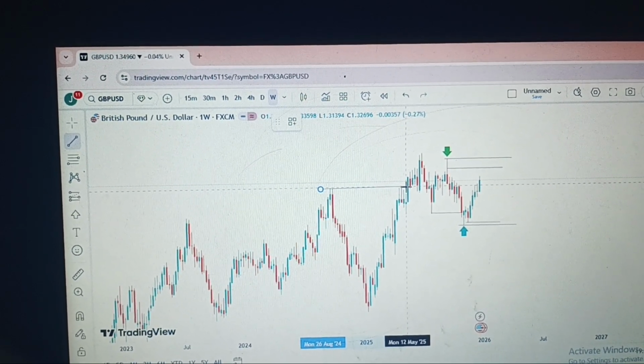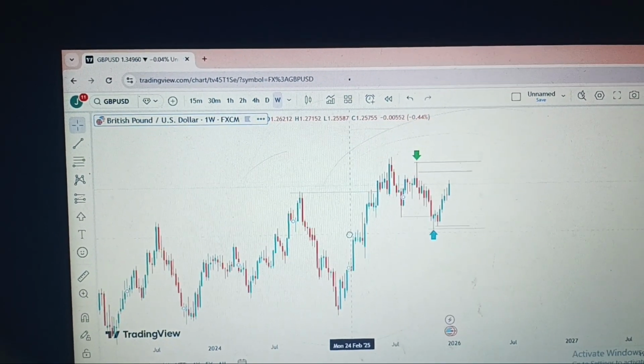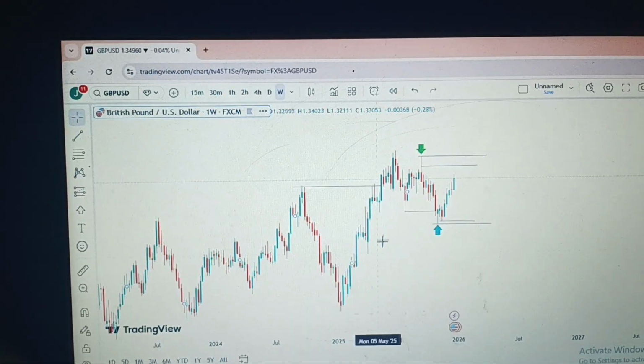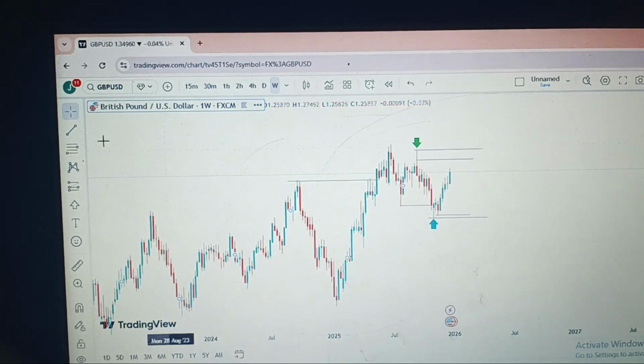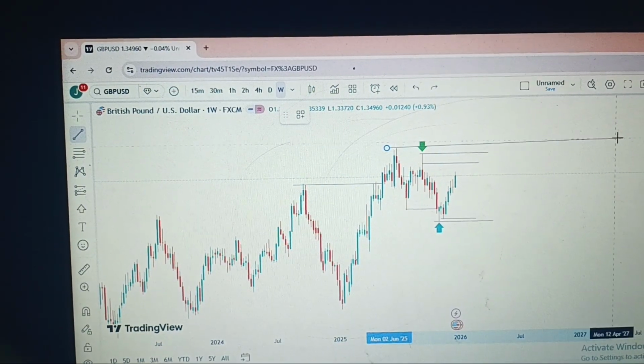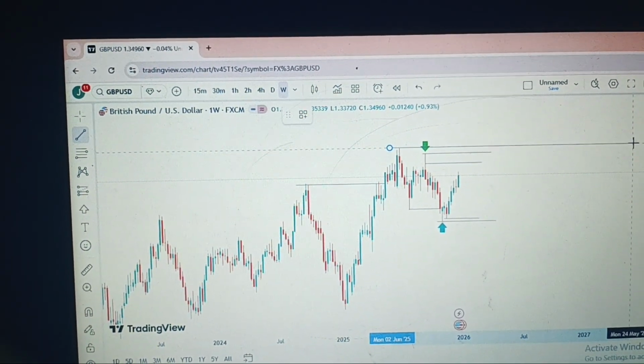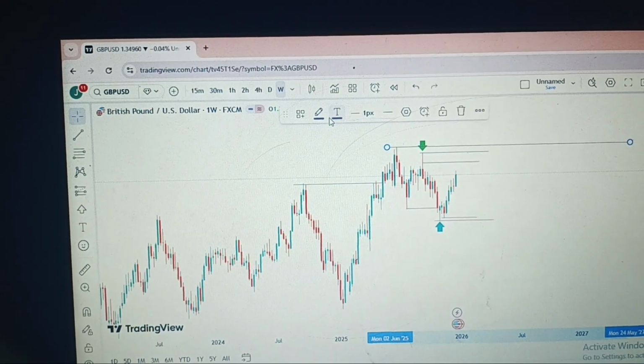The most important thing, please listen carefully. I will measure it here. This is a weekly break. Now we have this impulsive push to the upside, and this is the weekly. This is the highest point I've got to. This is the weekly structure.